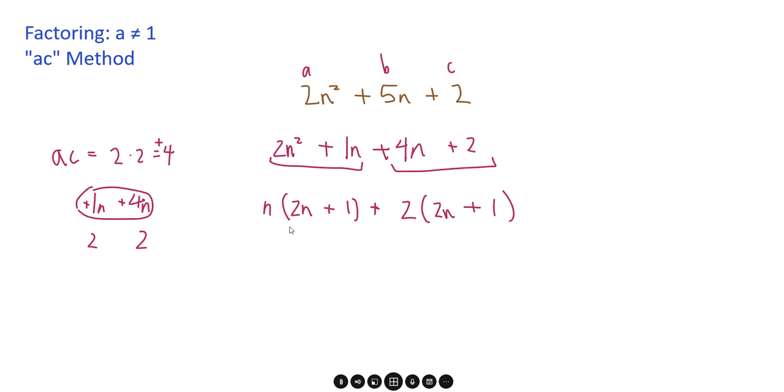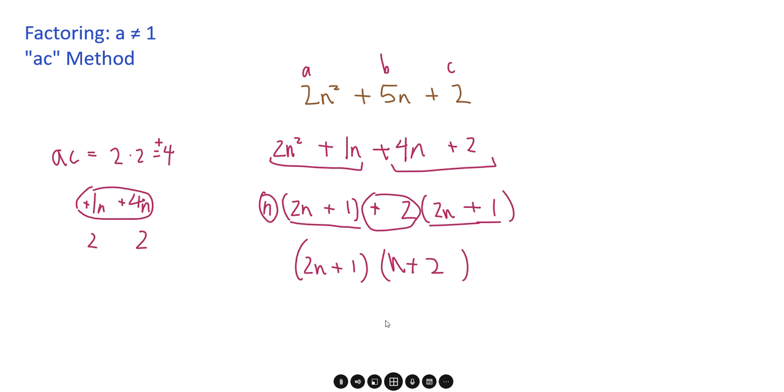Look here. I've got a 2n plus 1 and a 2n plus 1, right? So I can factor that out of these 2 bigger terms. I'm going to pull that 2n plus 1 out, slap it in the front, and write what's left. I'm basically pulling these out, putting it into the front, and I've got an n plus 2 left. n plus 2.